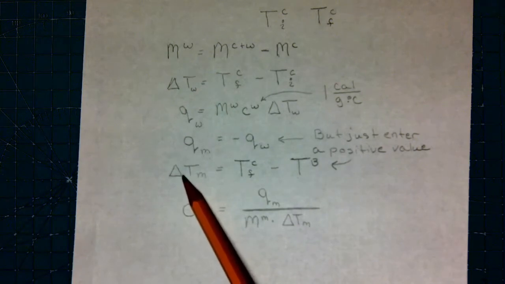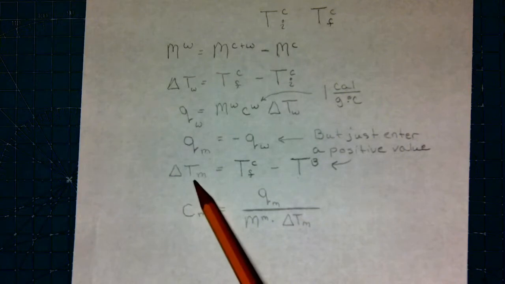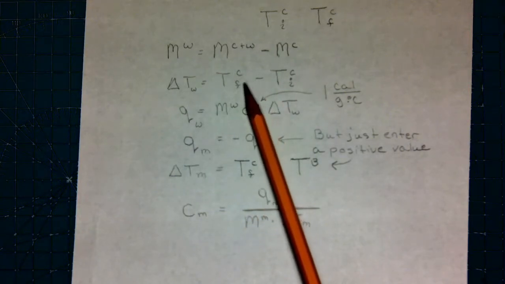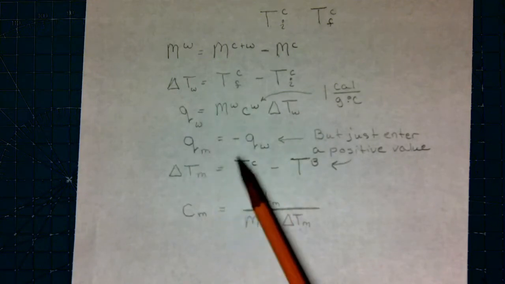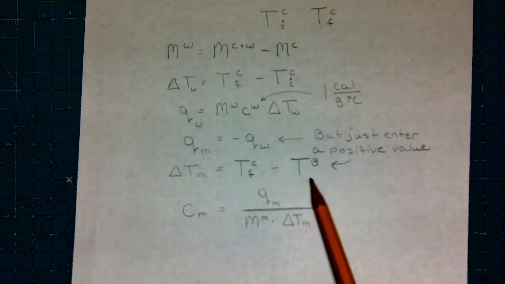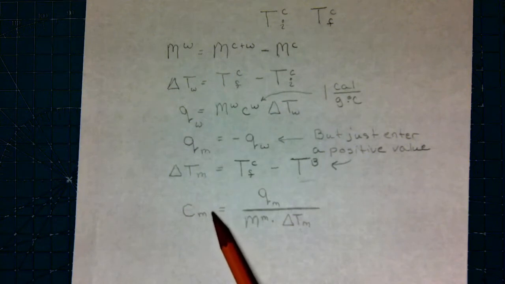The next thing that they're going to ask for is going to be the change in temperature of the metal. So it has the same final temperature that the calorimeter water did, minus the initial temperature that it had, which was the temperature of the boiling water bath.